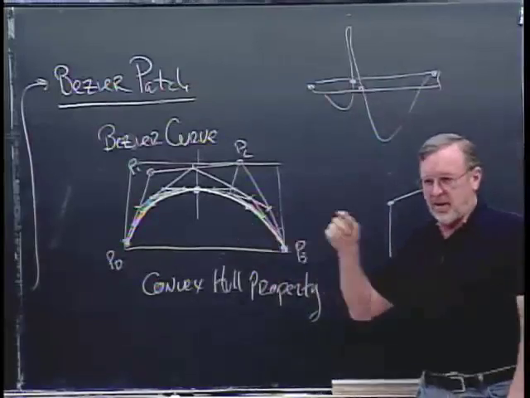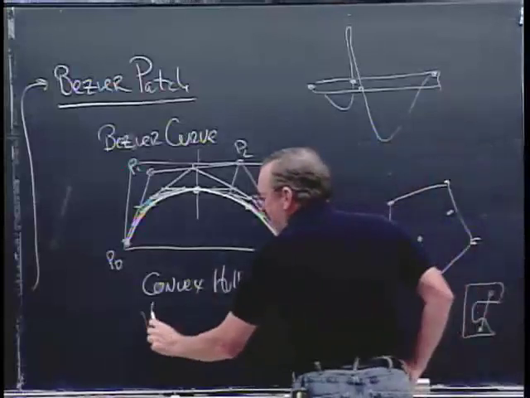The Bezier curve also has another property called variation diminishing.